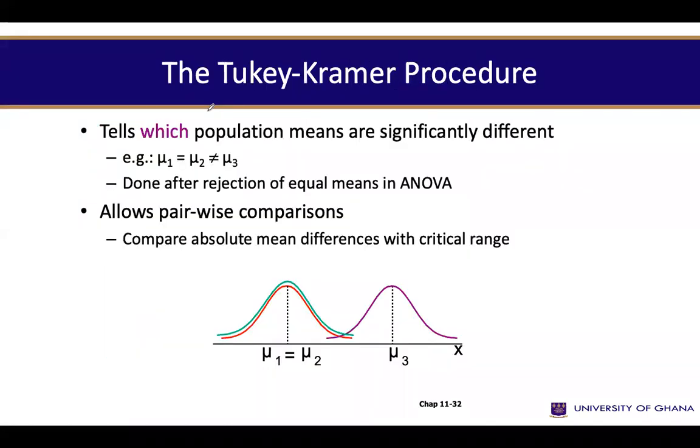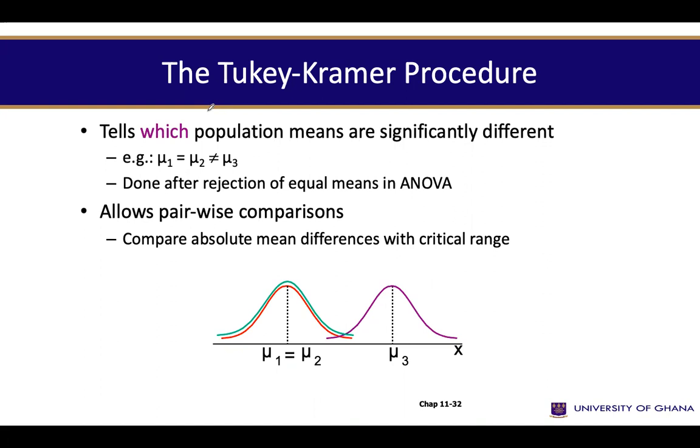We are going to go through a certain procedure, which is really part of this whole analysis of variance. There are so many ways to do this, but we are going to look at one or two procedures for identifying which of the populations are significantly different, and we call it the Tukey-Kramer procedure.